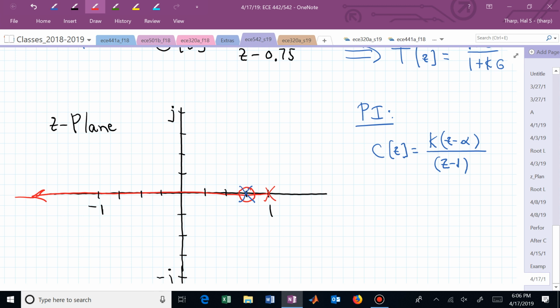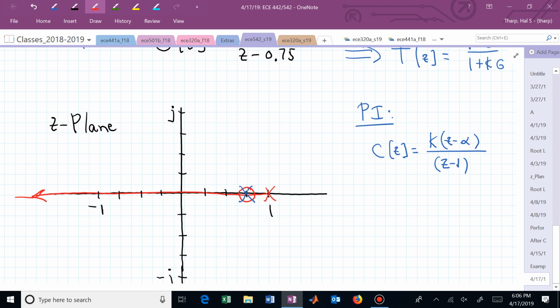Now my steady state accuracy is good for constant reference inputs. I'm guaranteed a 0 error due to a constant, and I can locate that pole anywhere on the real line between 1 and -1 based on the adjustment of k.